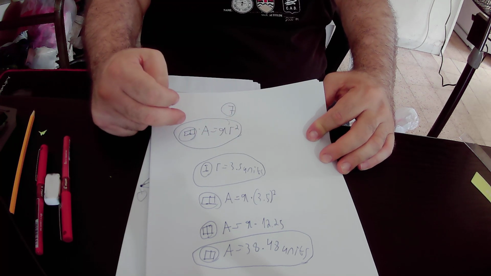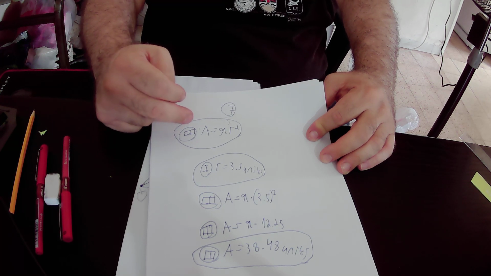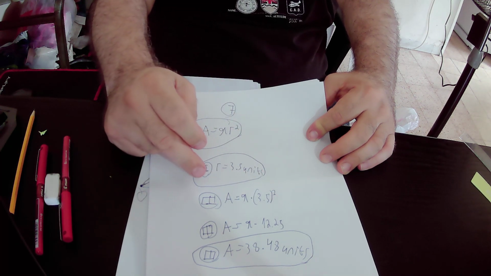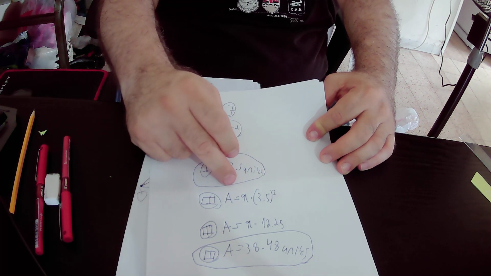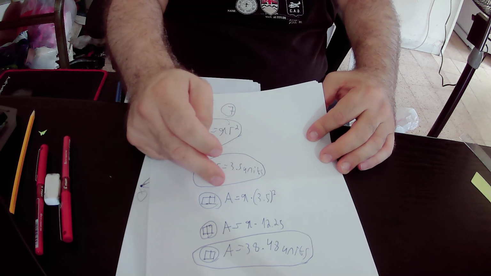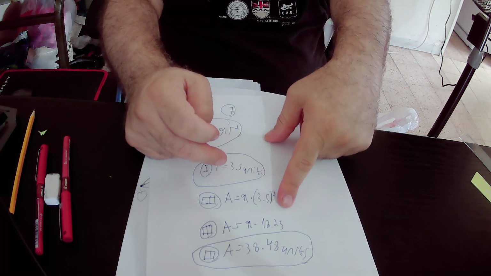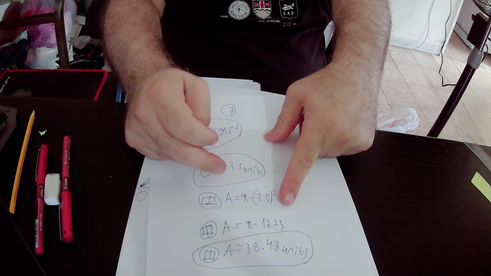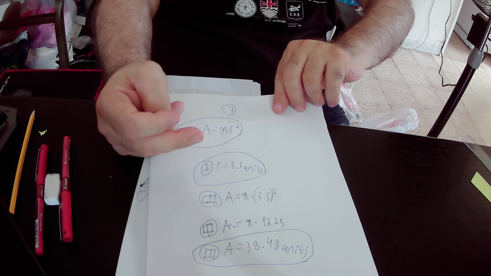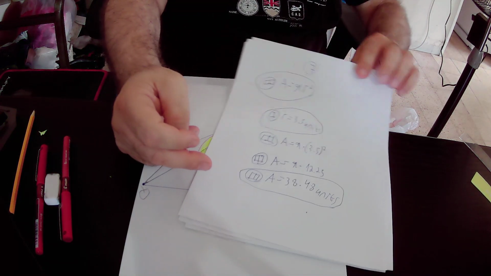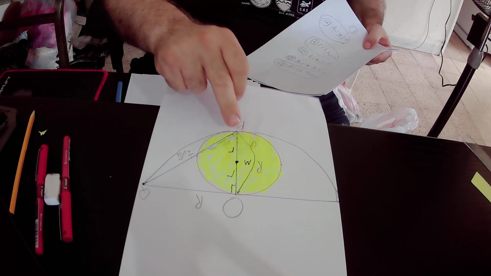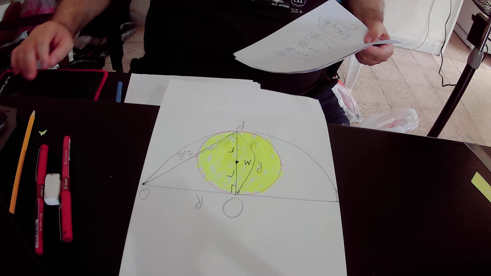So we put in the third equation, instead of R, 3.5 units, and we got that the area of the yellow circle equals pi times 3.5 squared, and 3.5 squared equals 12.25, and pi times 12.25 equals 38.48 square units. So the area of this yellow circle equals 38.48 units. Okay, thank you very much.